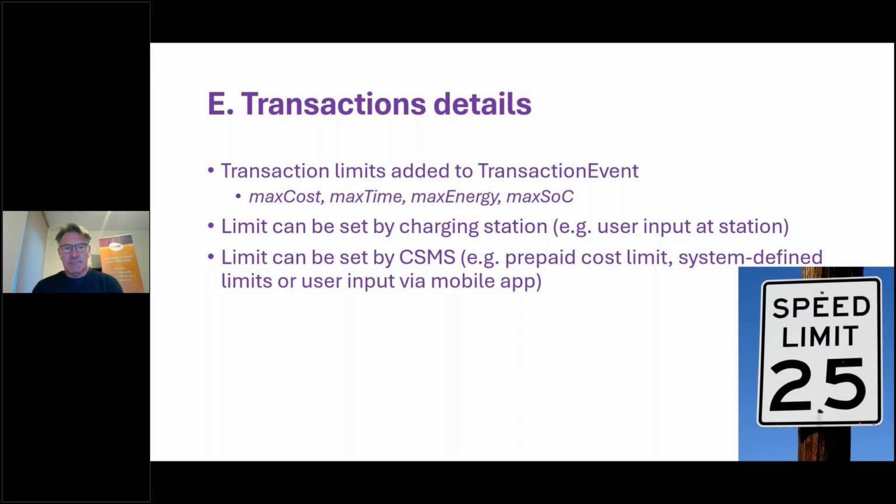You can use that for prepaid cost limits, or if there are some limits defined by the network operator, or maybe if the transaction was started by the user via a mobile app and provided some cost limit, for example. So I think it's a flexible mechanism, and it has proved already very useful in the prepaid card and the payment terminal use cases.